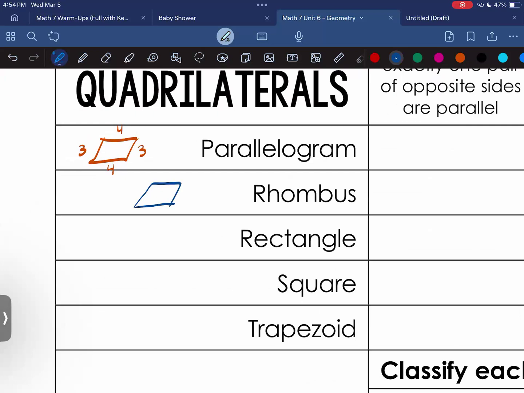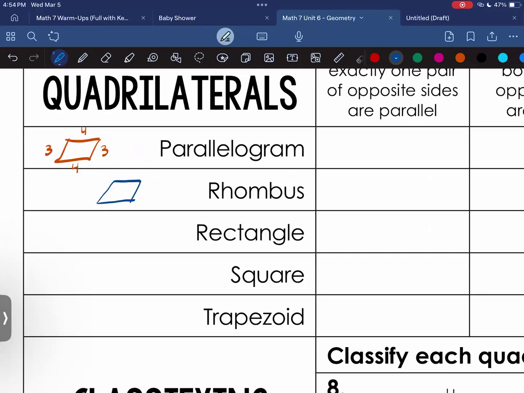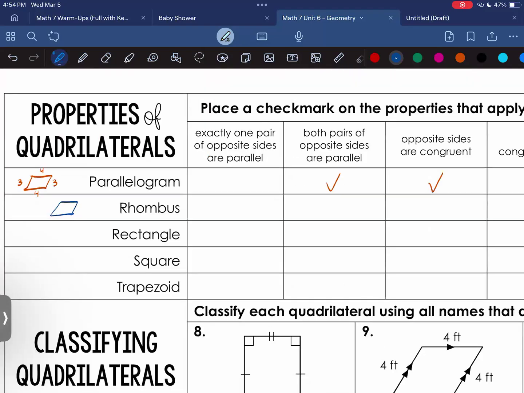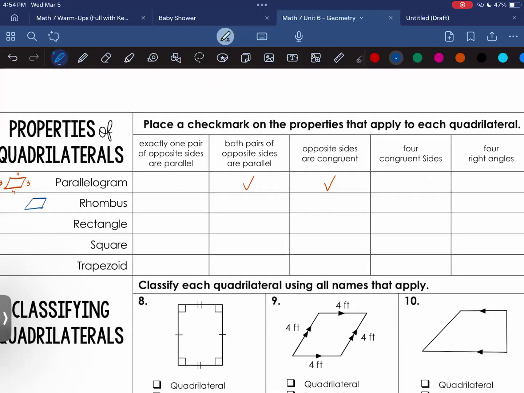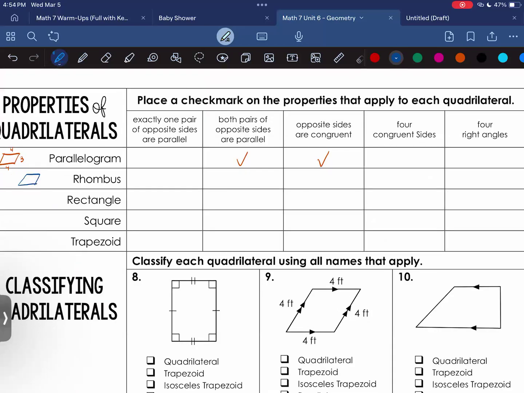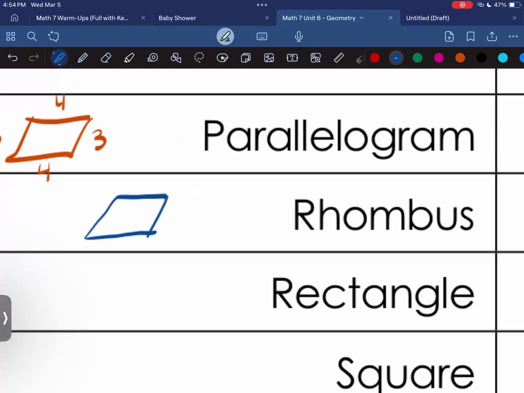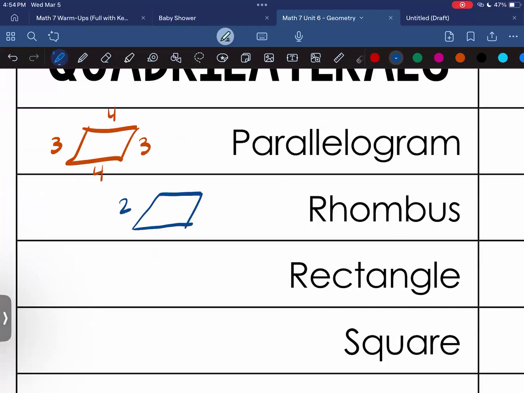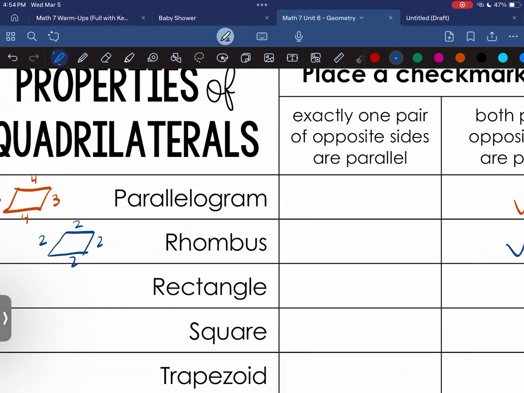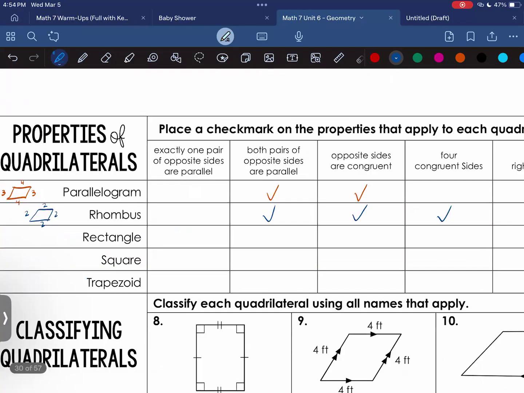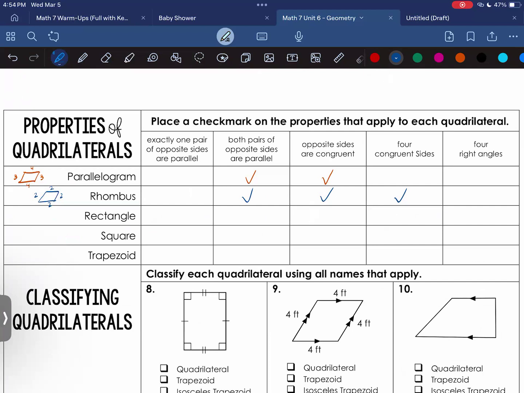However, this time it's a little bit different because all 4 sides are congruent. So it has the same exact things that a parallelogram has. The only difference is if this side is a length of 2, then all sides are a length of 2. Kind of like a square where all sides are the same. So it's like a parallelogram, but then we added one more thing.